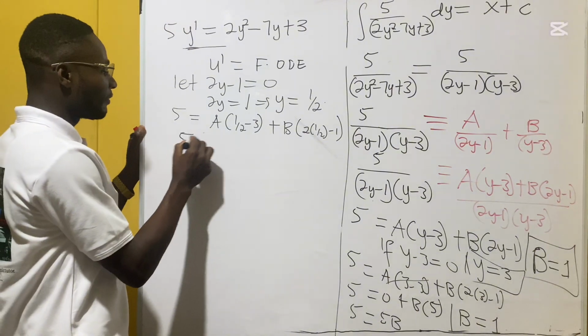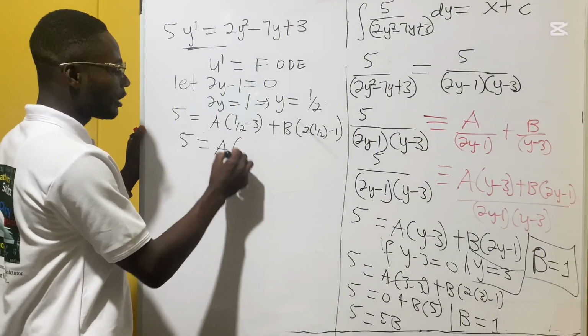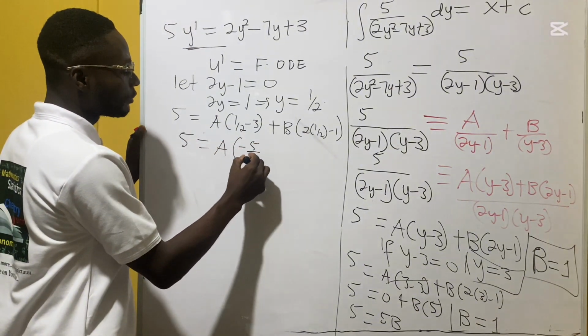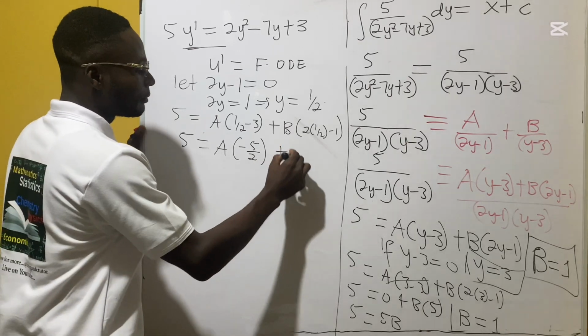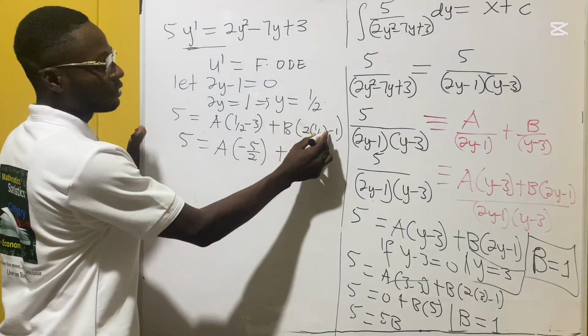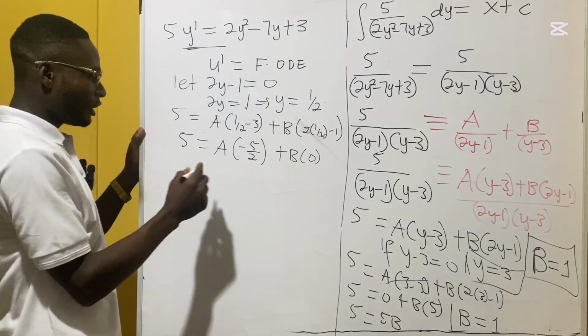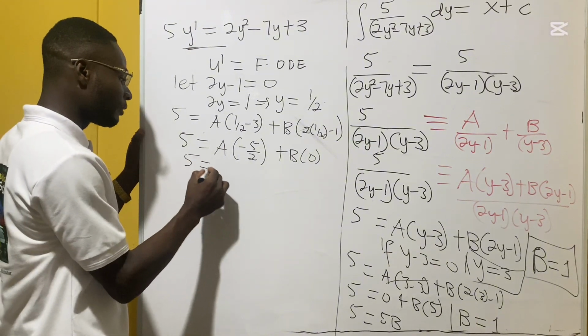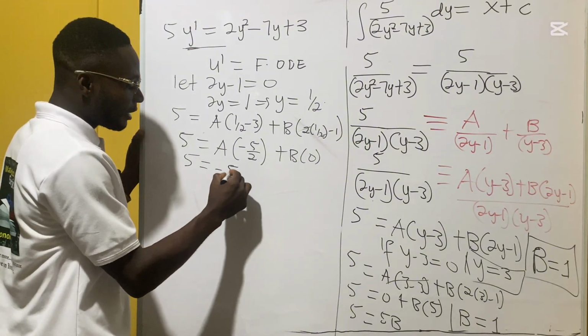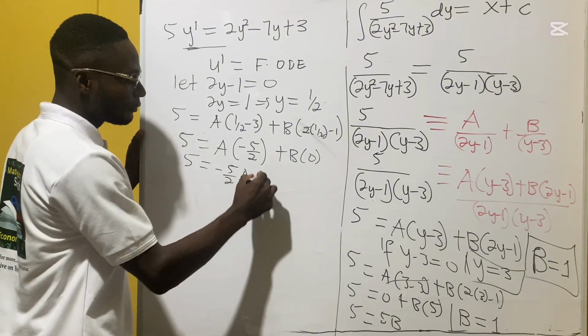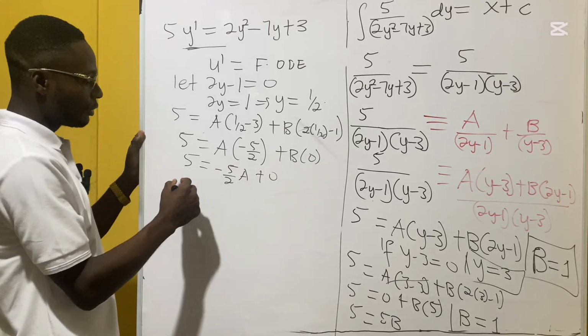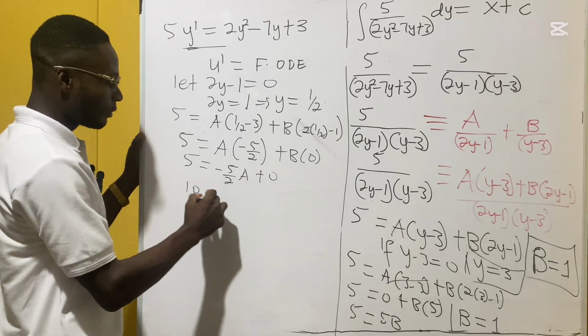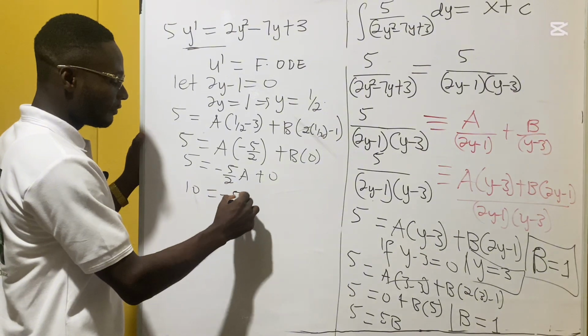So we can say that 5 is equal to a into negative 5 on 2 plus b into 0, you see, right? So here we can see that we have 5 equals negative 5 on 2a plus 0. So we have 10 equals negative 5a.